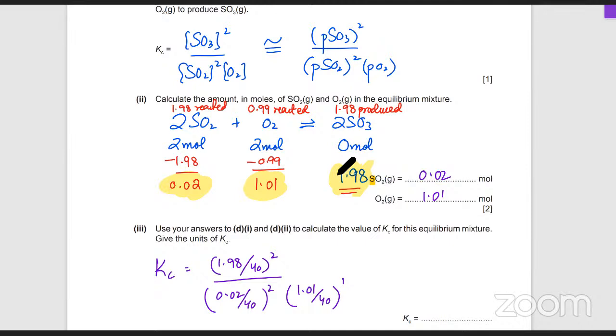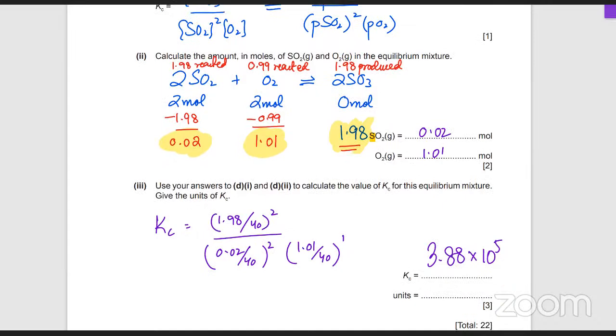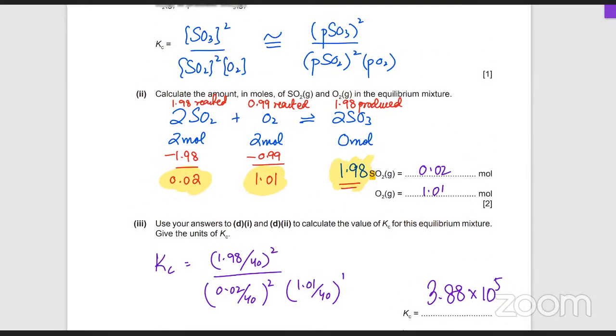ठीक है, तो आंसर बताओ क्या है? So 3.88 times 10 power 5. अच्छा, 10 to the power 5. And what are the units of Kc?